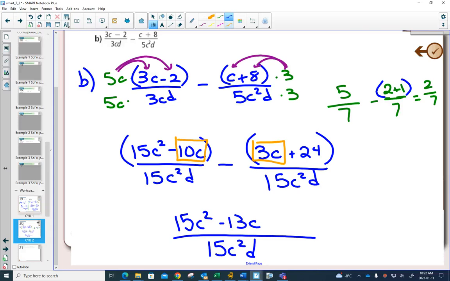Can you see yourself being tempted and thinking, oh, there's nothing to combine as like terms with 24, I'm just going to write plus 24. Absolutely wrong. Why? Because you are subtracting all of this. And if you are subtracting all of that, you are subtracting the 3, and you are subtracting the 24. So it will be minus 24.